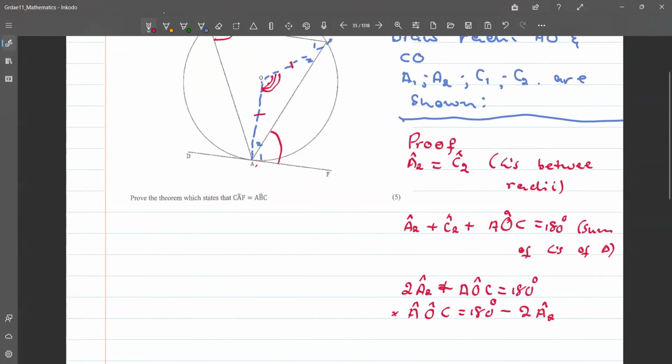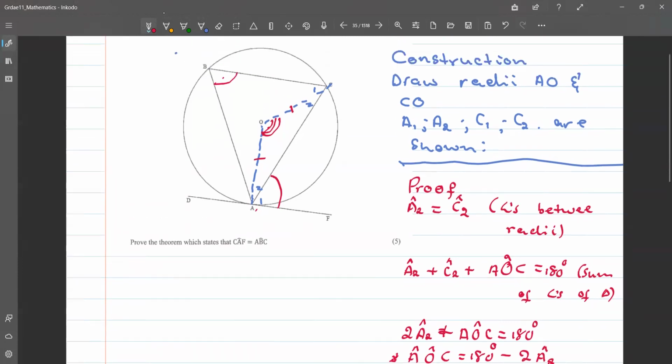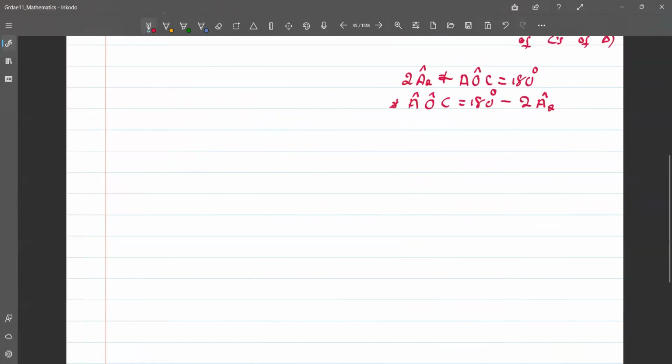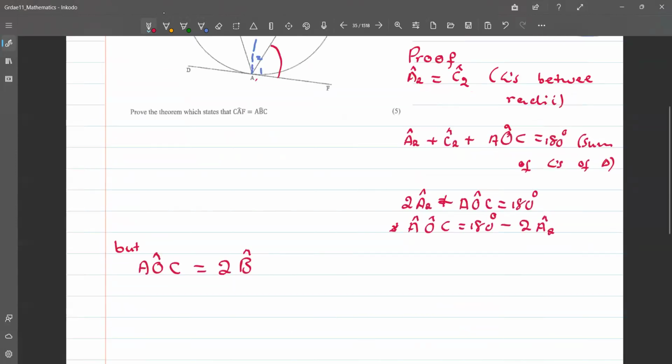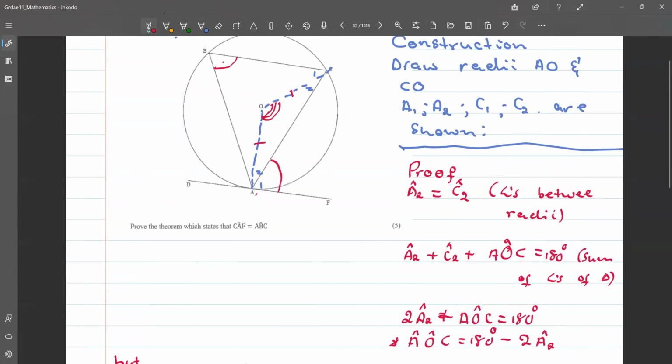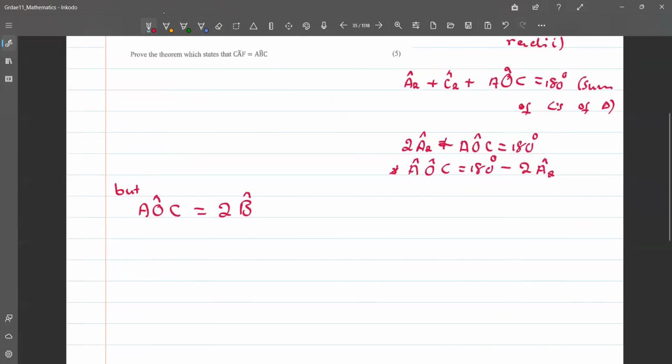We must also remember that AOC is the angle at the center, and that angle B is the angle at the circumference. So now we write AOC equals 2 times angle B, which is that angle there, the one that we want to prove, right?